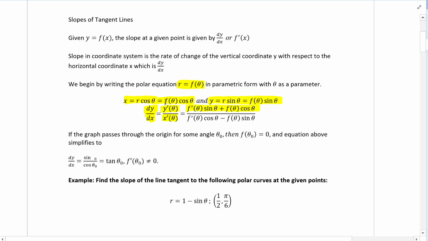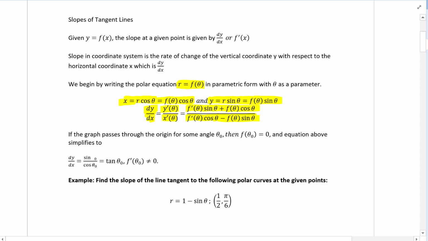And similarly, if we differentiate x, we get f prime cosine theta plus f of theta cosine theta prime, which makes it negative f of theta sine theta.